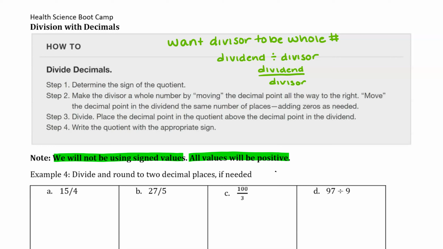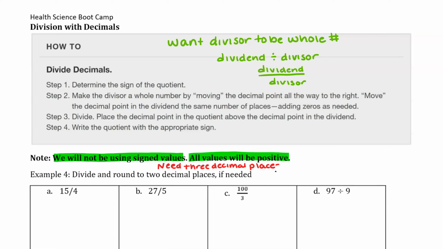Now, for rounding purposes, because some of these answers might be irrational, meaning they go on for a really long time with no pattern, we're going to round to 2 decimal places if needed. And you can recall from the first part of this decimals chapter that to round to 2 decimals, we'll need 3 decimal places.